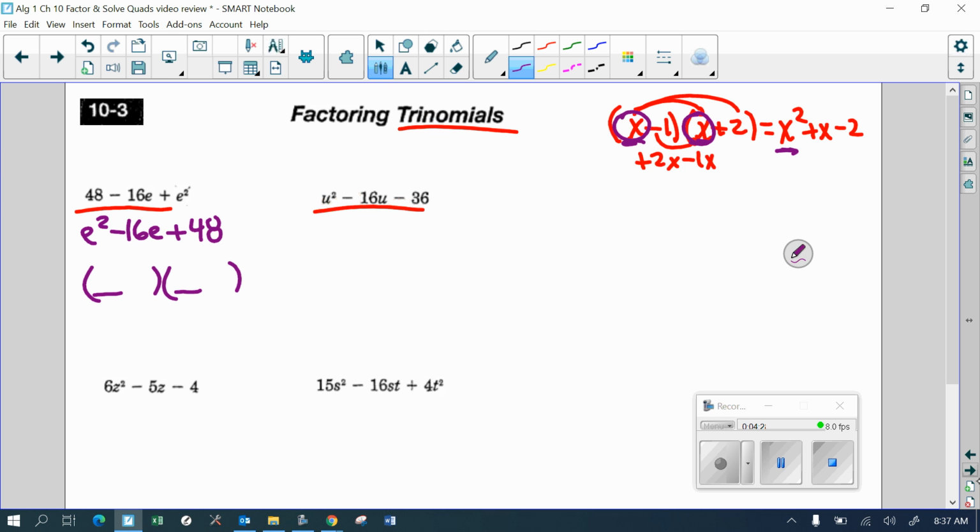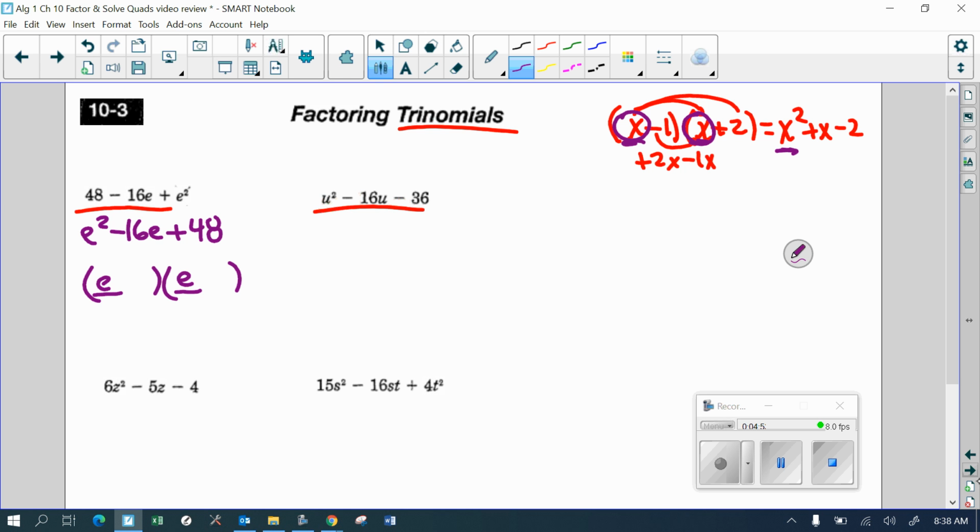First two terms gives me that one. So what's going to give me x squared? Only x times x. There's no option there. Okay, well, where did I get my middle term? From multiplying the two outsides and the two insides together and adding them. Okay.